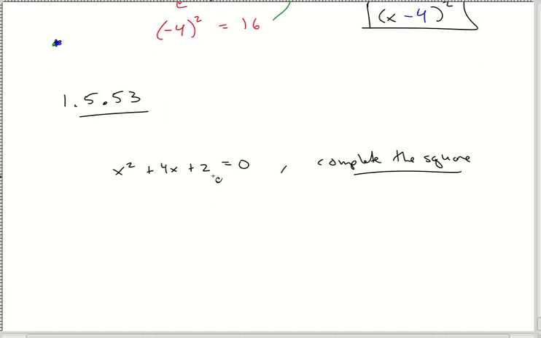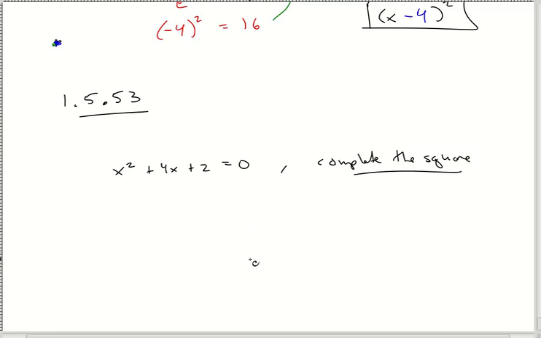Well, this is different because it actually has a constant term now. And let's just say I wanted to factor this thing right here. What 2 numbers multiply to 2 but add up to 4? And you're thinking, well, 2 and 2. Well, no, 2 times 2 is not 2. It's 2 times 1, and 2 plus 1 is only a 3. It's not a 4.